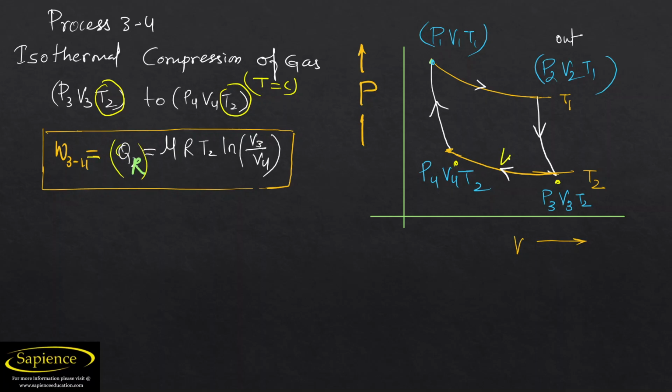Heat is being rejected in this process, and this will be equal to mu R T2 ln V3 by V4, that is, initial volume divided by final volume. I hope you have understood now.